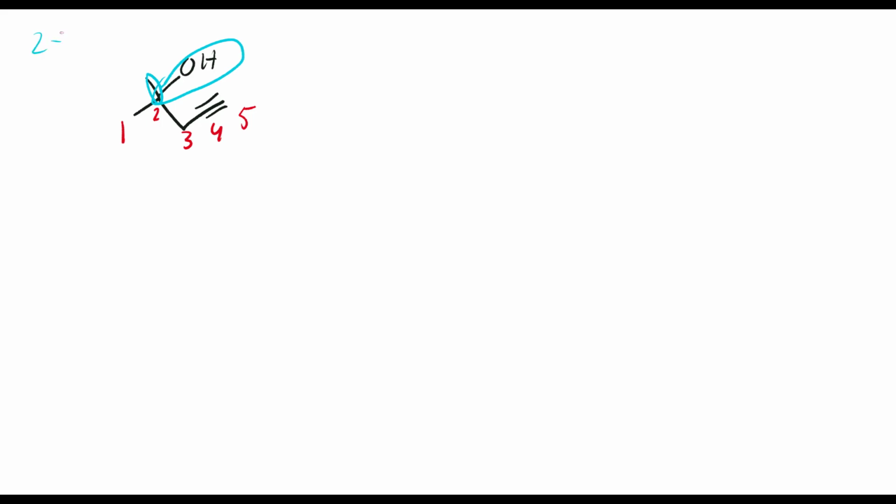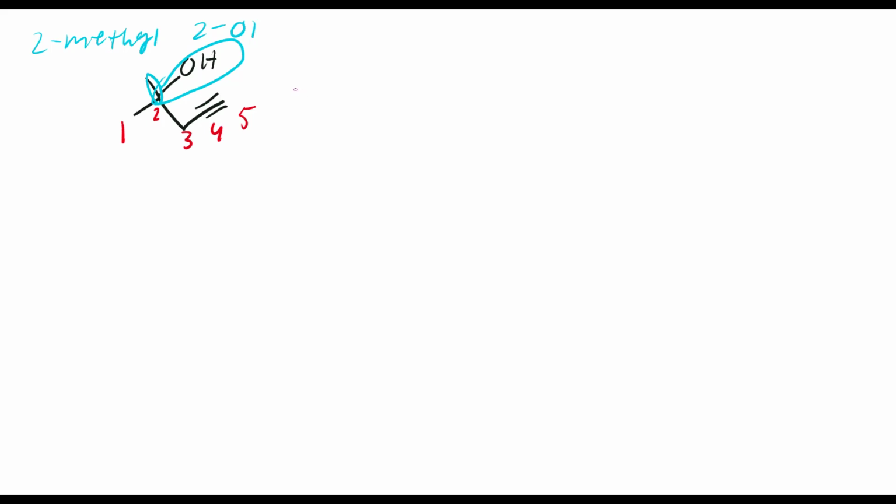So we have a 2-methyl, and we also have a 2-ol. So 2-alcohol, you can have 2-ol. And we have a triple bond occurring at carbon 4. It's not happening at carbon 5 because 4 is smaller than 5, right?